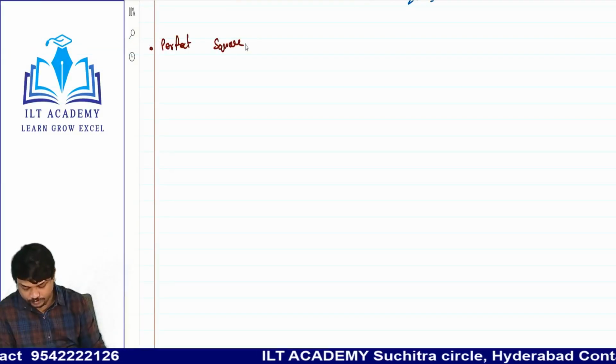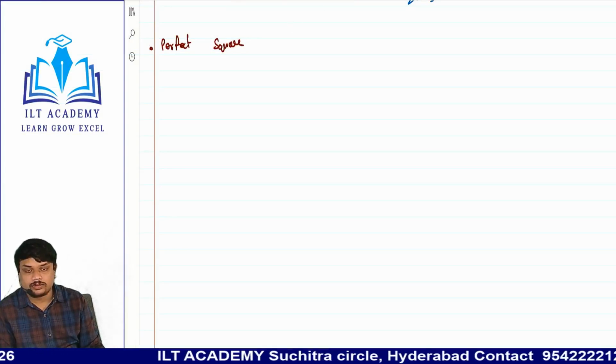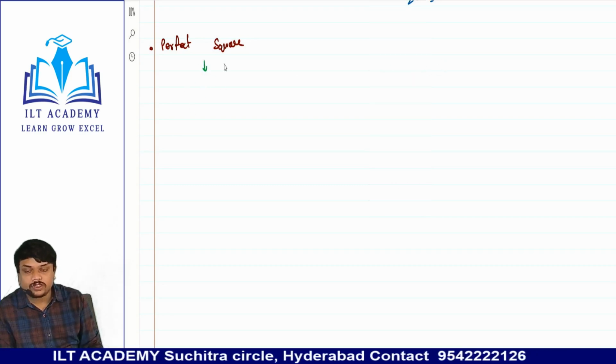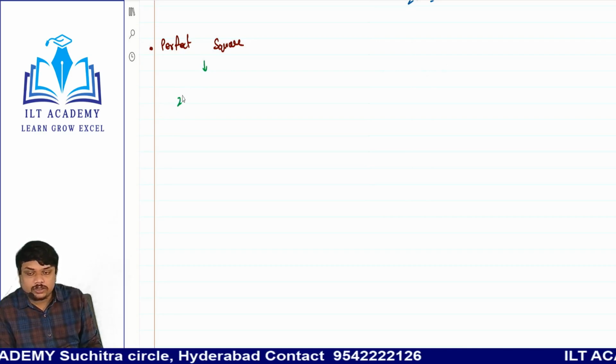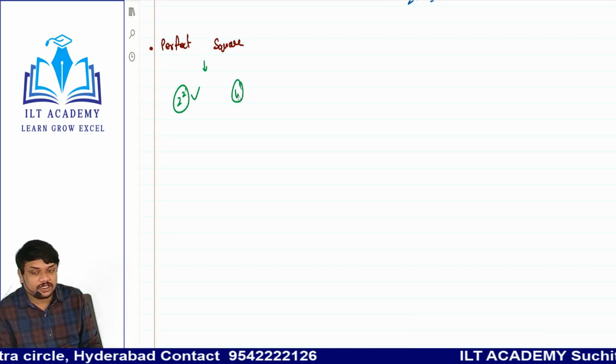Now let us understand two topics, one is perfect square. Now what do you mean by perfect square? Now see, 2 squared, is it a perfect square? 4 is a perfect square, right?